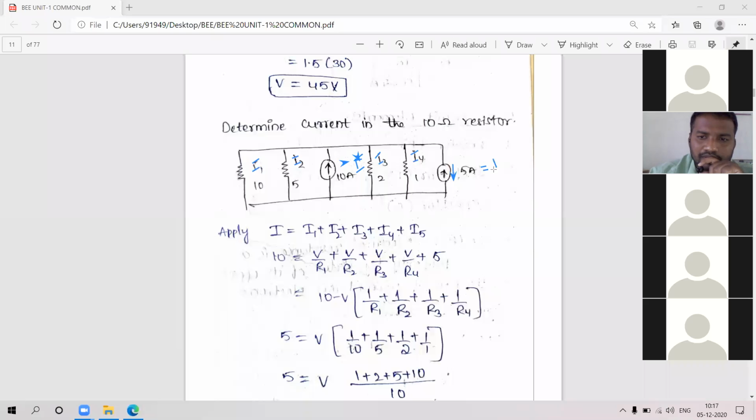Current I am asking you. This is I. This is I5.